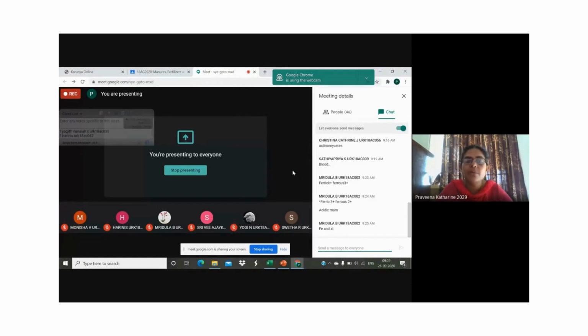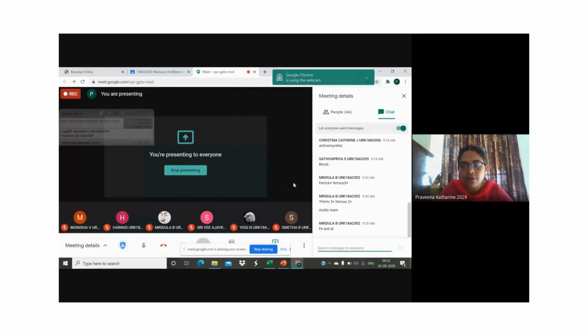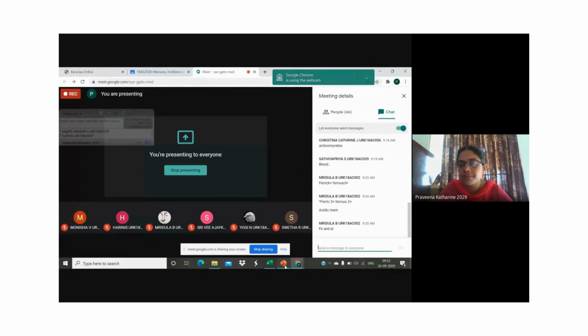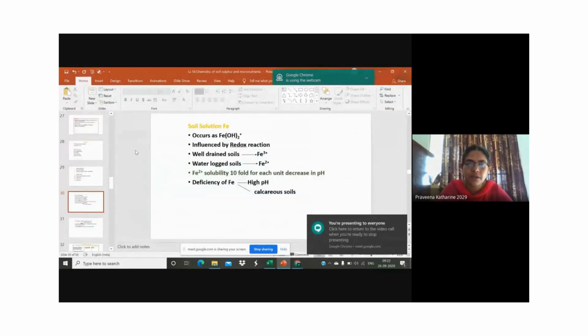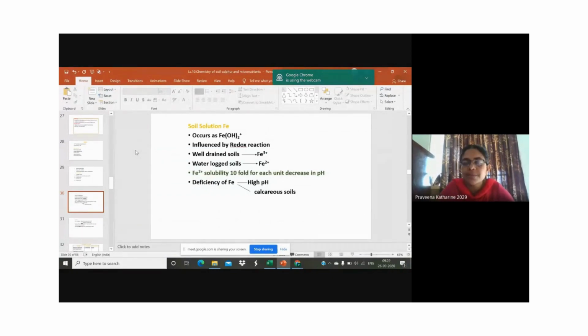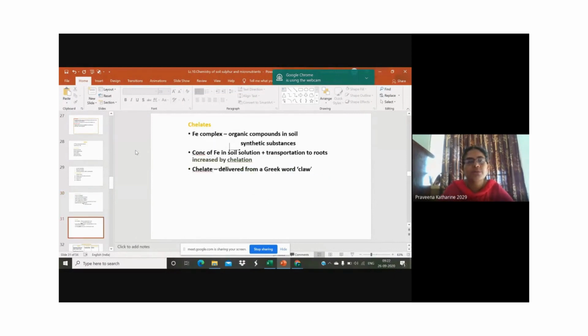In an acid soil, you'll have more of H+ ions, hydrogen ions, iron and aluminium. Okay. Never forget this one. And again in a calcareous soil, the pH ranges from 7 to 8.5, isn't it? In that range you have more of calcium, and iron would not be present in that soil. Okay, so this is about soil solution.